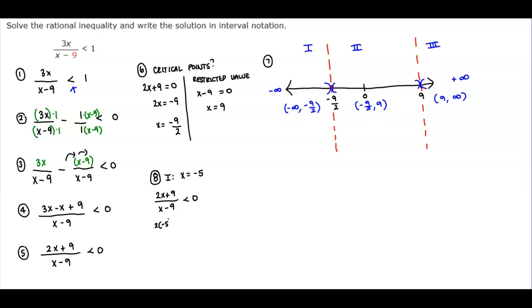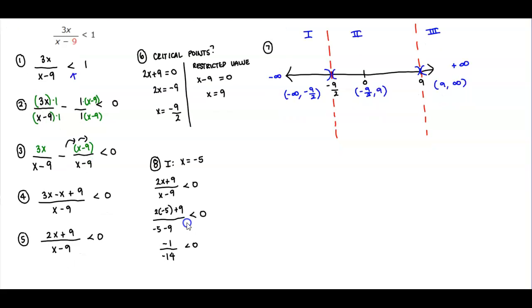So we have 2 times negative 5 plus 9 over negative 5 minus 9. That's negative 10 plus 9, which is negative 1, over negative 14. Therefore, that gives us a positive value, 1/14. Is that less than 0? Well, that is false. So it's false in region number 1.